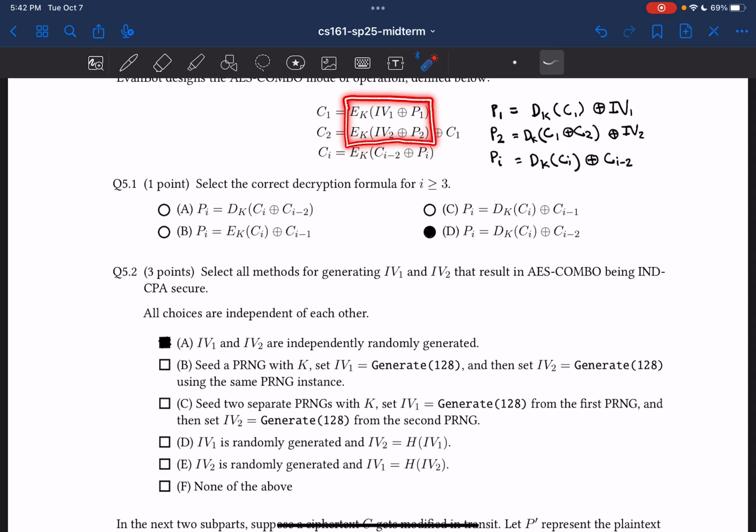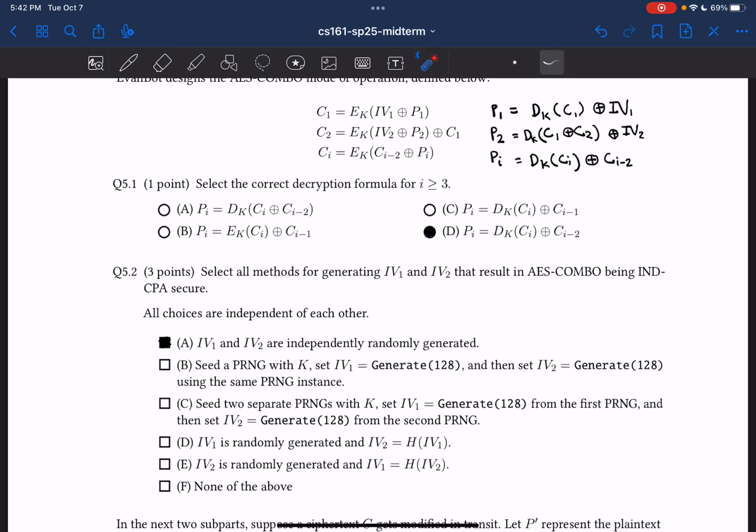Then the only difference is that C2 is XORed with C1. So we should expect C2 to be all zeros, because something XORed with itself causes a string of all zeros. We'd be able to really easily identify that exact string, and so the scheme is not IND-CPA secure.